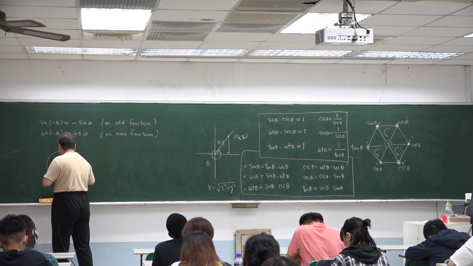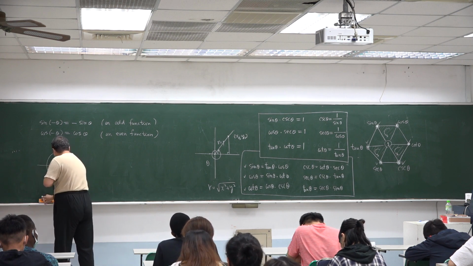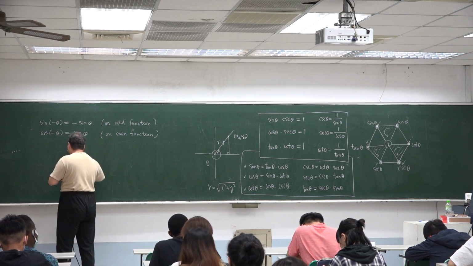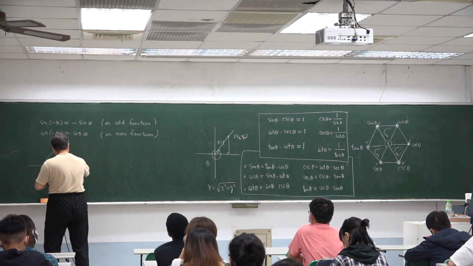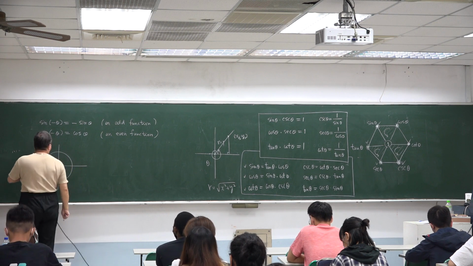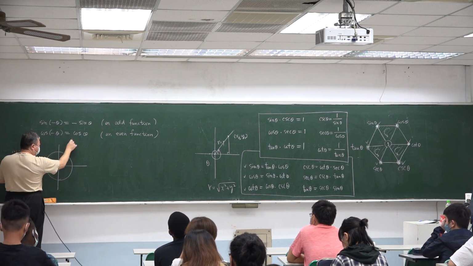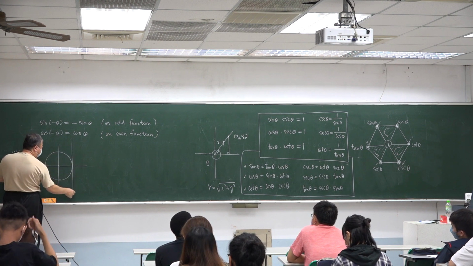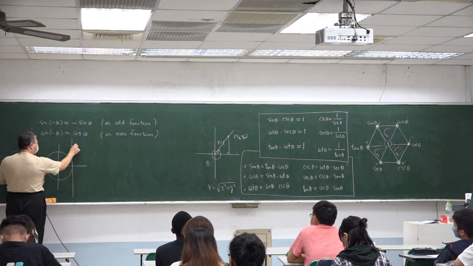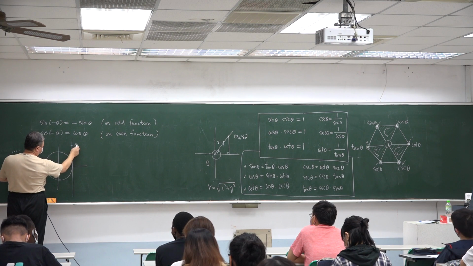Consider a unit circle. And theta is any real number. Maybe positive, maybe zero, maybe negative. No matter where theta is.